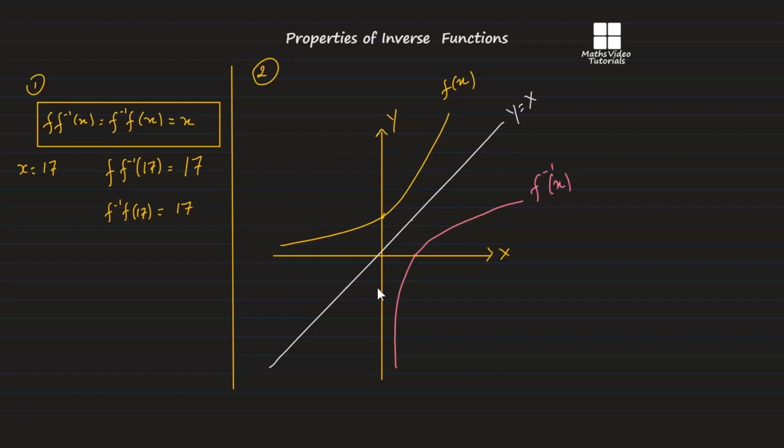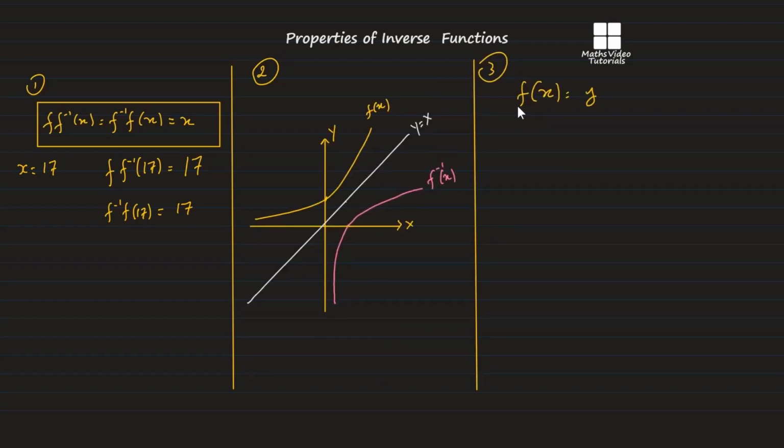Let's take a look at property number 3. If I have a function, any function f of x equal y, this is my domain. These are the values of the domain. These are the return value, the output, the range. Now, if I take this value y and I plug it into the inverse function, it will return the value x.